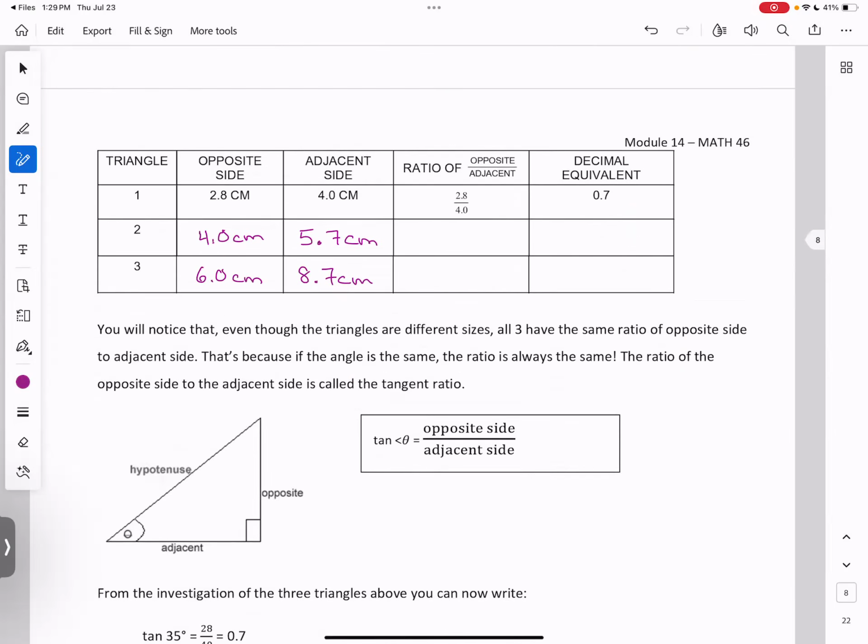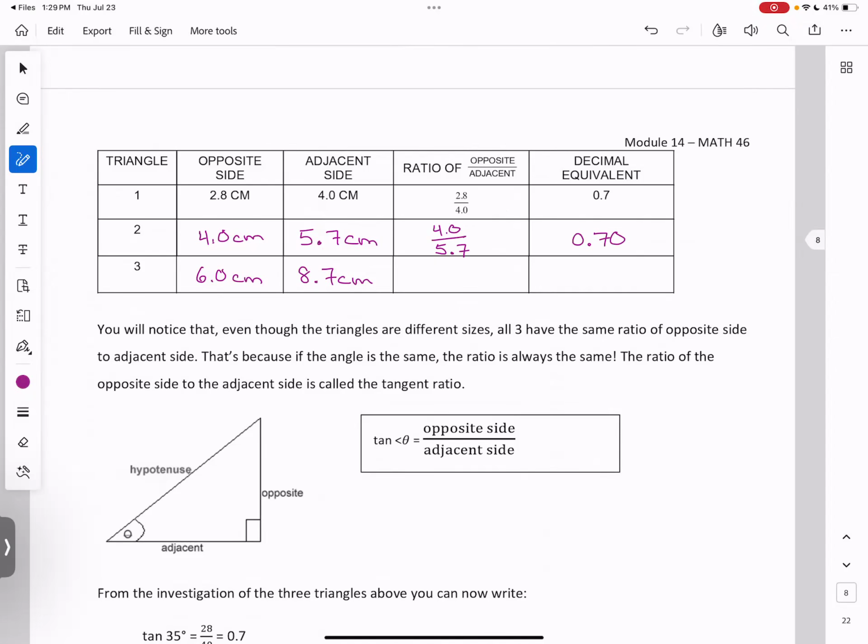Okay, so now let's look at the ratio. Opposite over adjacent is going to be 4.0 over 5.7, and that gives us a decimal equivalent very close to 0.7. Let's go out to two decimals, so 0.70.